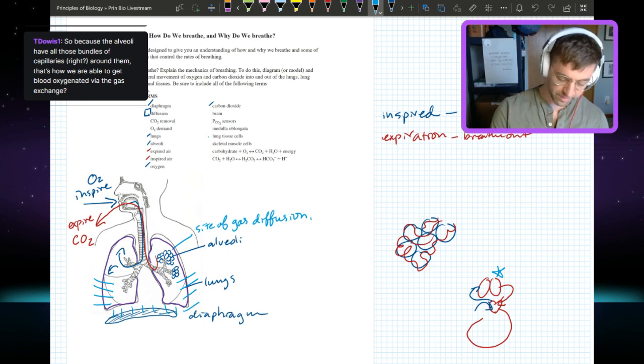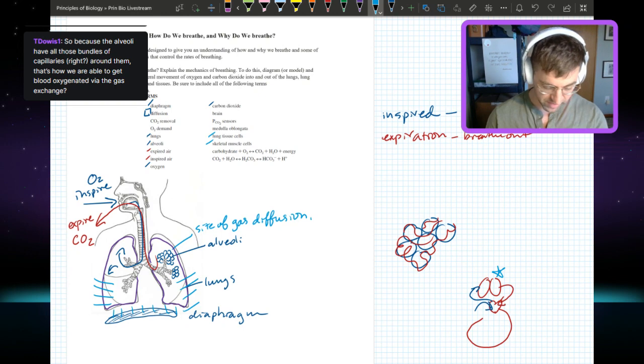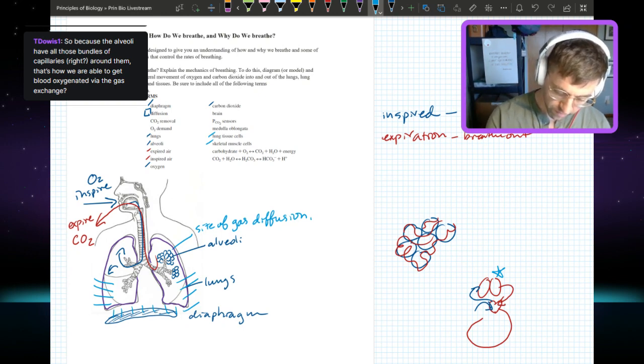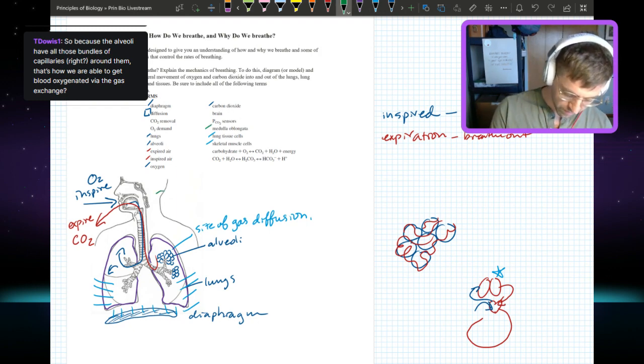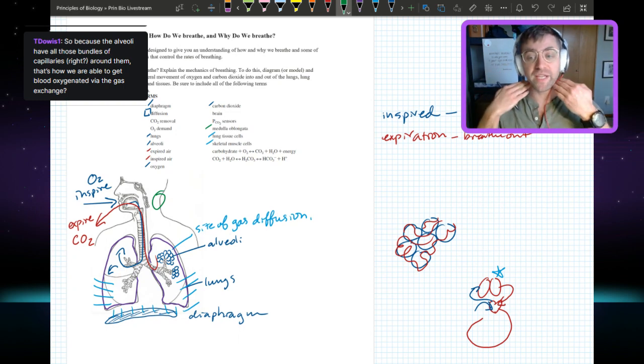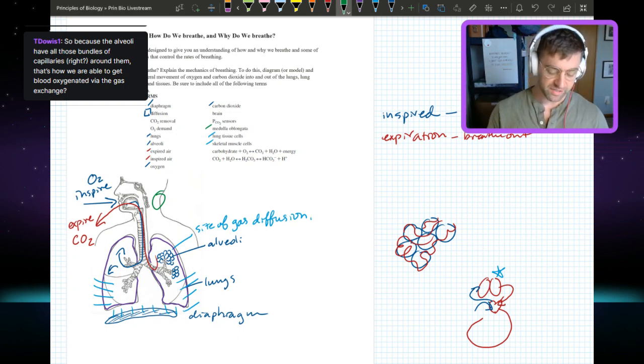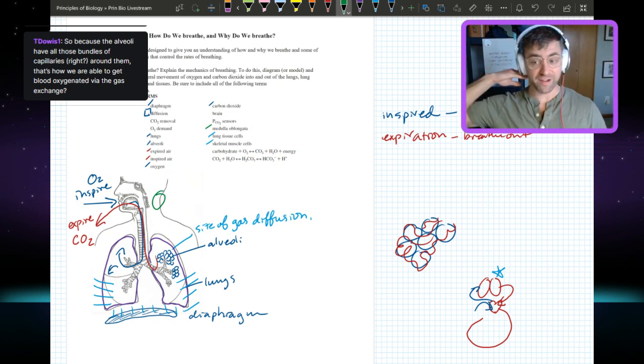Cool. So we're talking a little bit about lung cells and skeletal muscle cells. Let's talk about the medulla oblongata. The medulla oblongata is the most basal part of the brain, which is descended from the hindbrain, right?